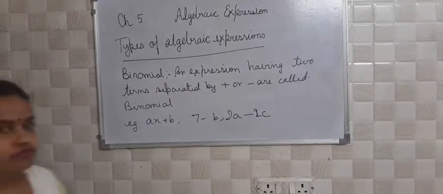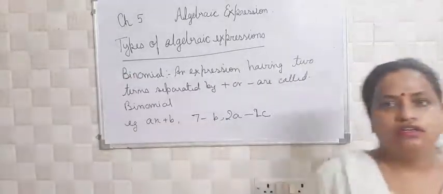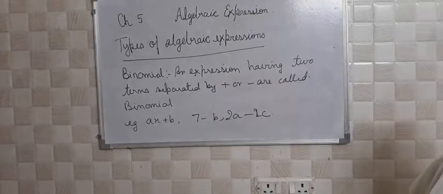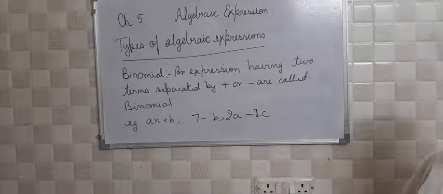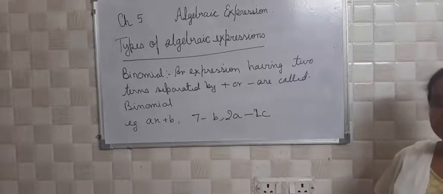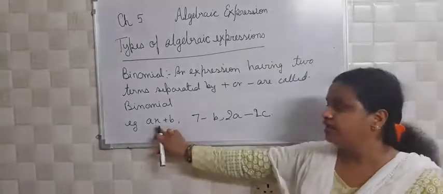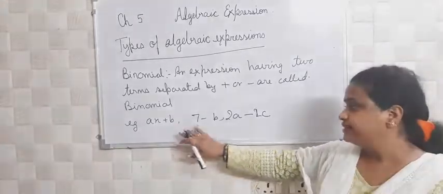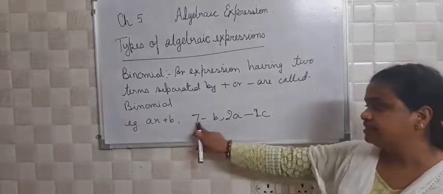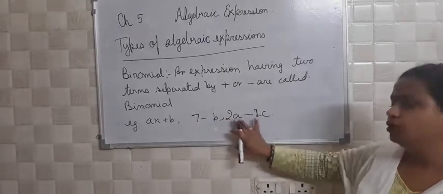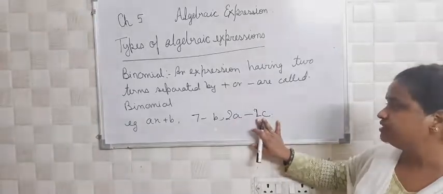Now, as I have told, binomial means 2. So here we can see clearly there is an expression having 2 terms. You can see ax plus b. Ax is one term and b is another. Same way when you see this one, 7 is one term and b is another term. 2a minus 2c, 2a is one term and 2c is another.